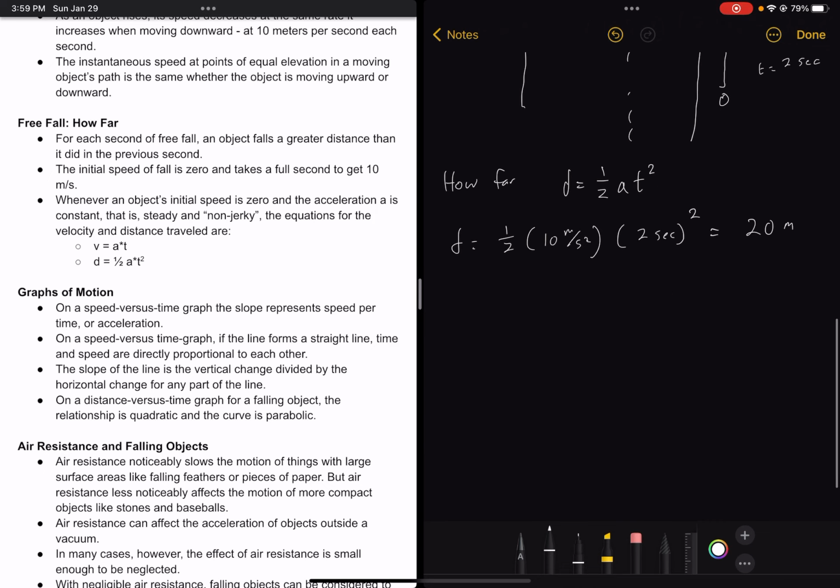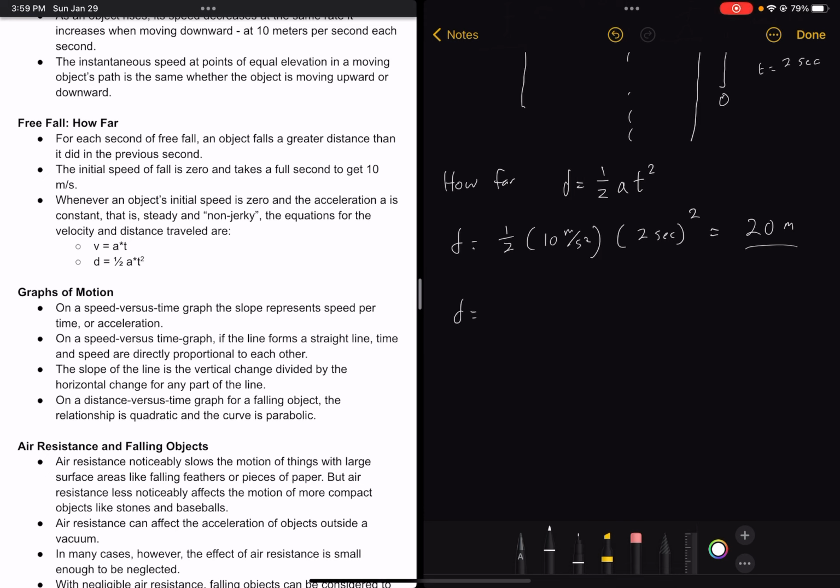You also need to know how to rearrange the equations. Say you needed to solve for time, or I told you I drop a rock and it hits the ground after a certain amount of time, or you know how tall the cliff is and you need to figure out how long it's going to take to hit the ground. You just have to rearrange the equation.